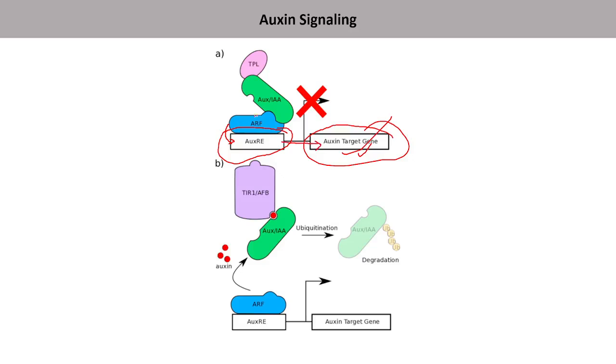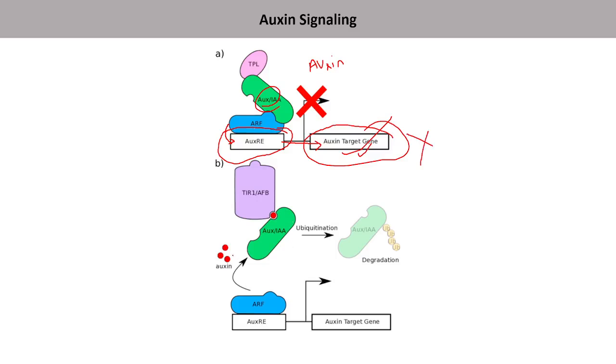But how is this ARF supposed to activate AuxRE when it is bound by AuxIAA? Now this happens when there is no auxin present. The first situation is that auxin is actually absent in our plant, and in that case this particular machinery is active and the transcription is not happening.